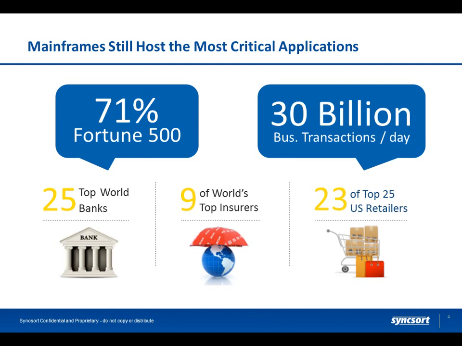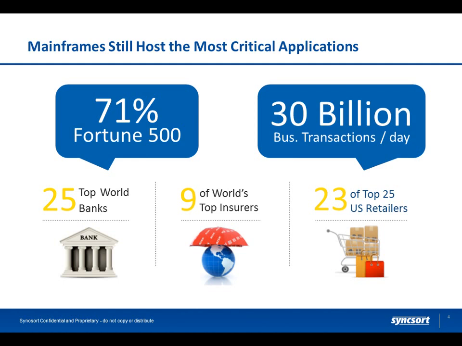If we take a look at Fortune 500 companies today, 71% of them are still running an IBM z/OS mainframe. The reason they're still running those mainframes is they have been running them for decades, and they've been driving their business transactions through them on a daily basis.